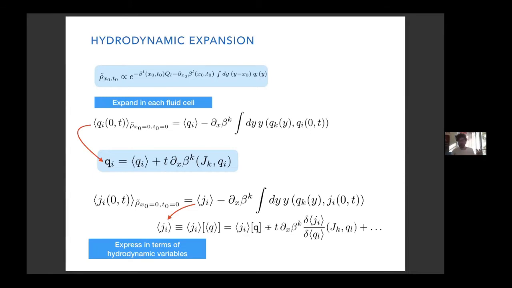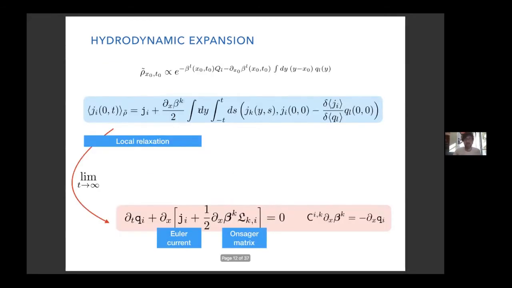So this gives us a corrected term that also diverges in time, and eventually we find an expression for the current which has a well-defined large time limit. And this integral over time of the projection of the current on all the other currents is, once we take the large time limit, what really gives us the Onsager matrix.